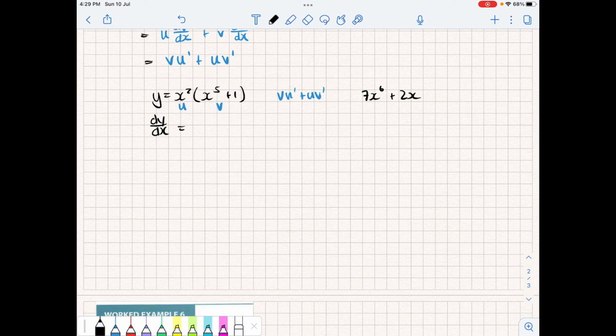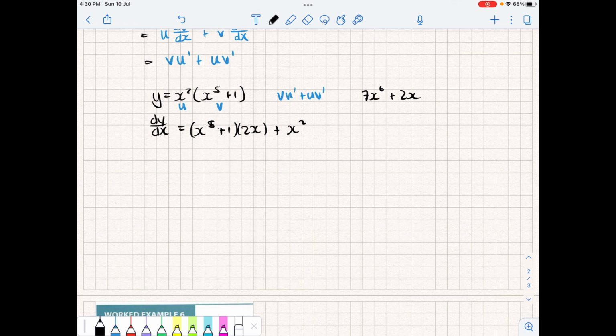Okay, so we take v. So v is x to the power of 5 plus 1, and we multiply that by the derivative of u. The derivative of u is just 2x. And then we're going to add u, which is x squared, and we're going to multiply that by the derivative of v.